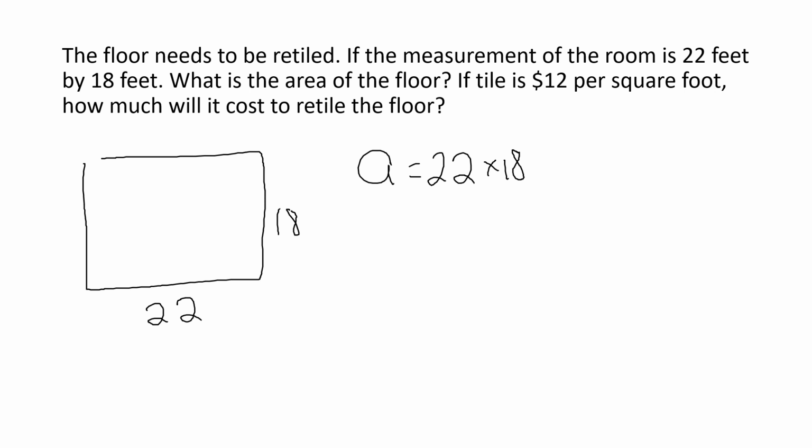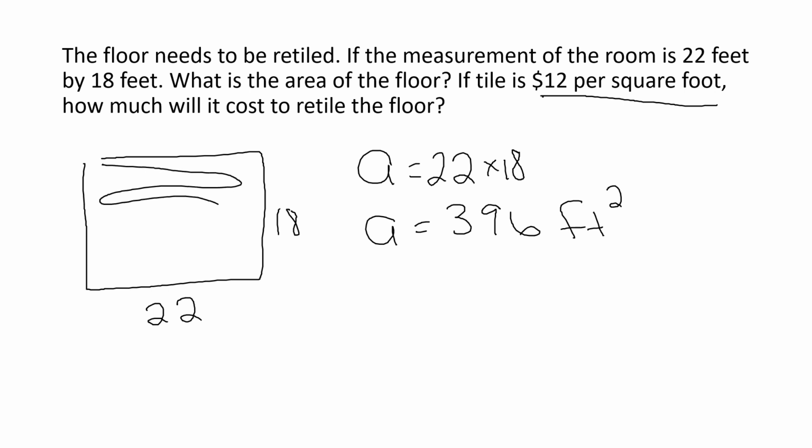That means the area equals 396 square feet. Because it's area, it's squared. If the tile is $12 per square foot, and the reason it's telling us square foot is because we are dealing with a two-dimensional measurement here, I need to cover 396 square feet.